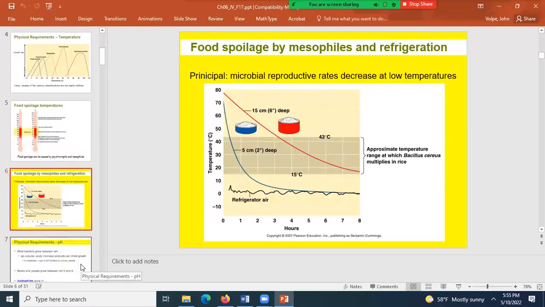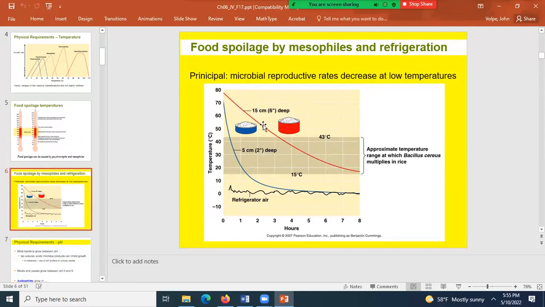Food spoilage occurs usually either when it's inappropriately handled and then allowed to sit out for too long, or when it is packaged in too large a volume and then put into the refrigerator. The problem with this is that the food doesn't get cool enough fast enough.